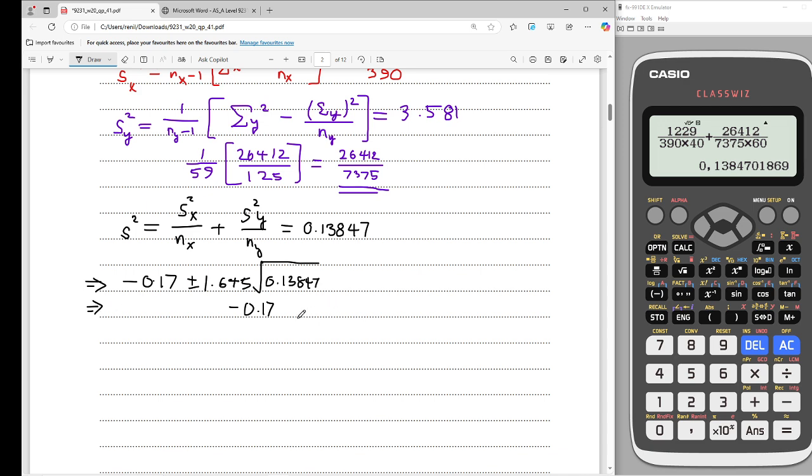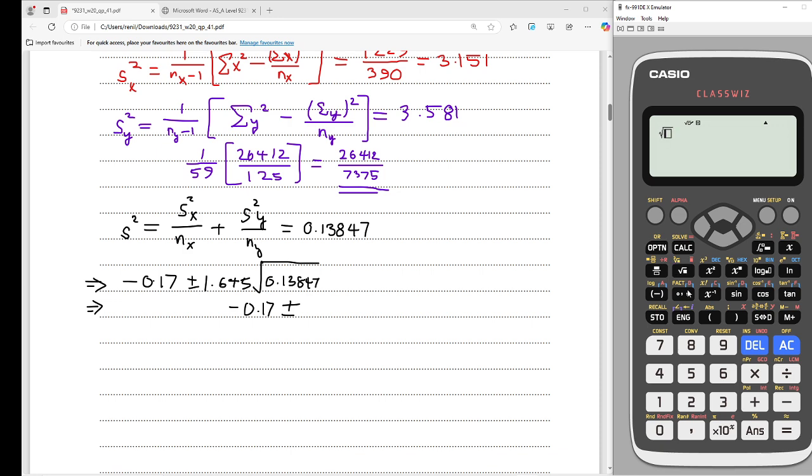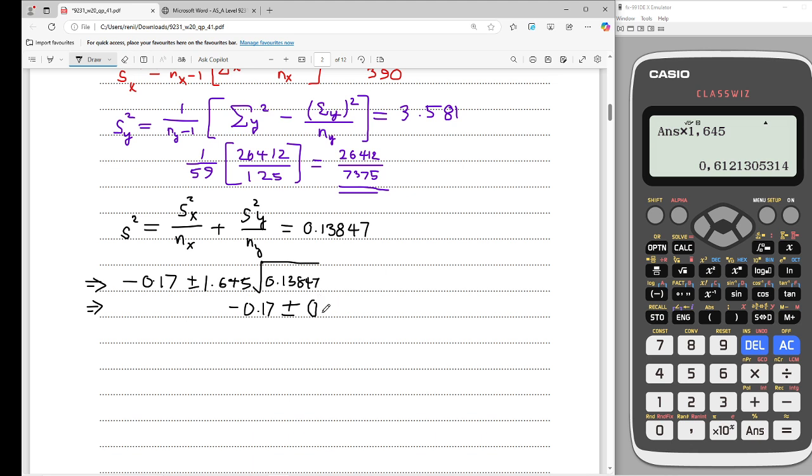This we need to square root, right? This was our answer before. We need to first root this answer and then times it with 1.645. We get 0.6121. Keep it to 3 significant figures, right?